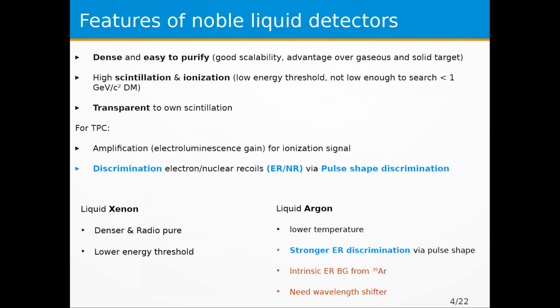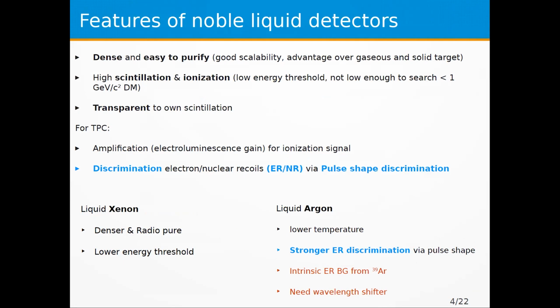Like here, right? Which offer discrimination between the electron and nuclei recoils. So here I noted some differences between the liquid xenon and liquid argon detectors. For the liquid xenon, it's denser and radio poor, and it offers a lower energy threshold.